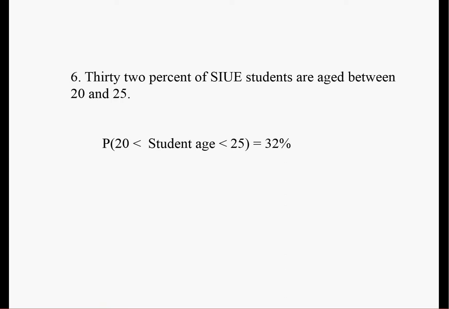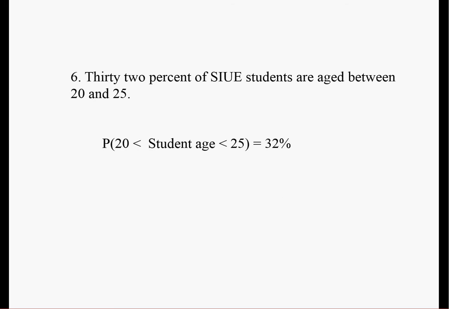The student age is larger than 20 and smaller than 25. We follow the convention that we place the smaller value to the left, and the larger value to the right when we express this interval notation.